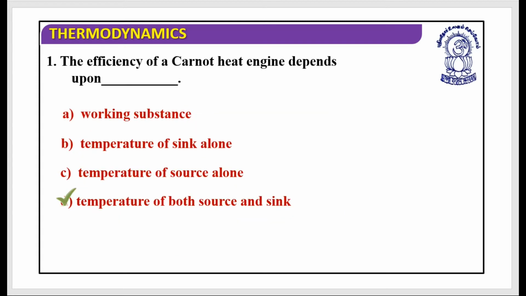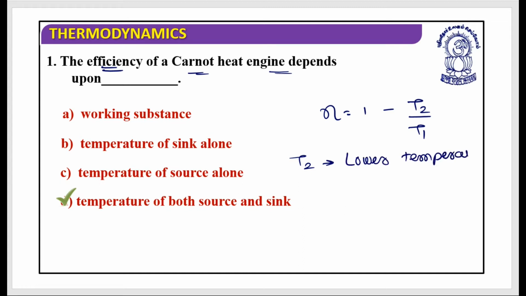Let's have a look at a quick question. The efficiency of a Carnot heat engine depends on, yes, this was the relation of the efficiency: 1 minus T2 by T1, where T2 is the lower temperature while T1 is the higher temperature.